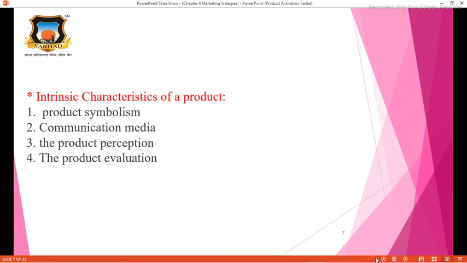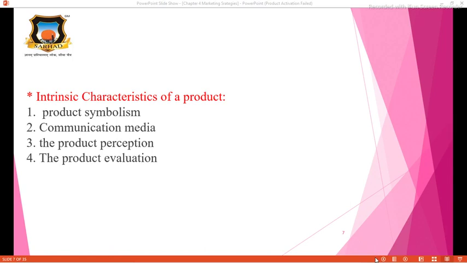A product is a cluster of symbols, by its colors, shapes, size and functions. A different size of a product gives it a different meaning to different people. Similarly, a different color or different functions and so on.